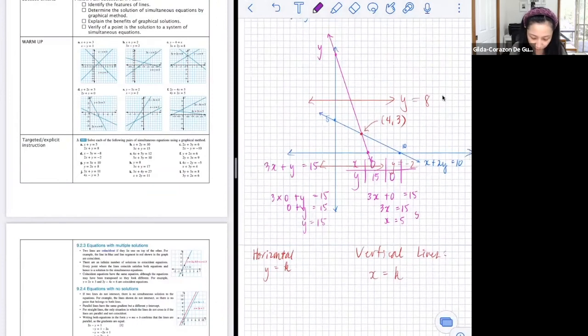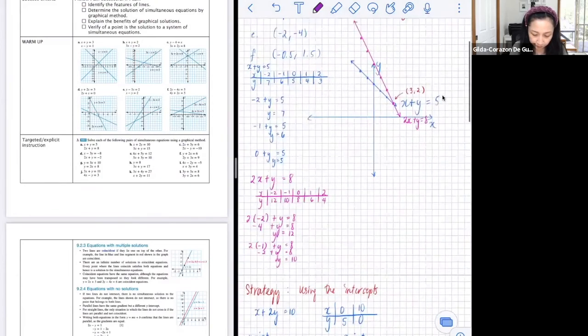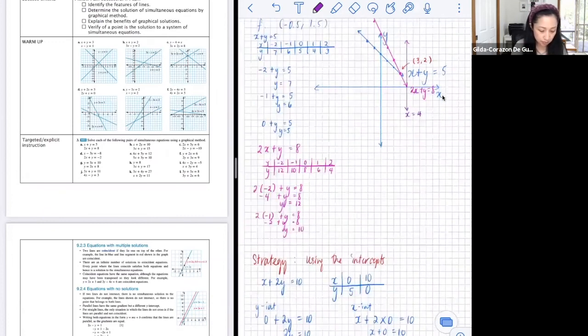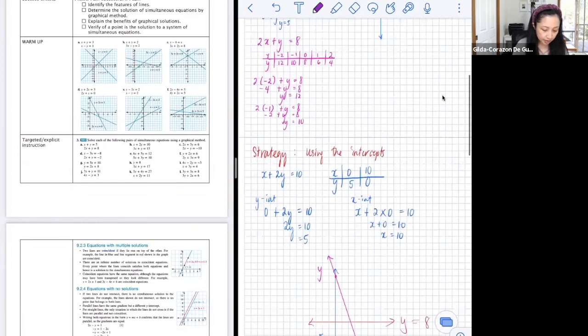So when you have, for example, x equals, let's say 4, and let's draw it here, then it will become 1, 2, 3, 4. This is x equals +4. Okay, so all those would be vertical lines. So those are just some of the special lines that you might encounter in the questions.